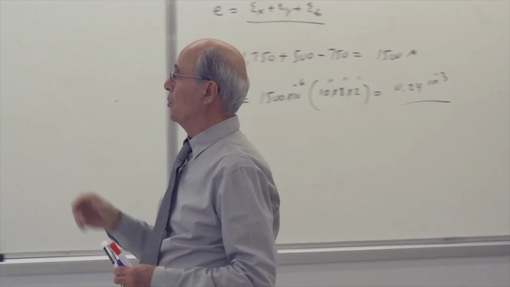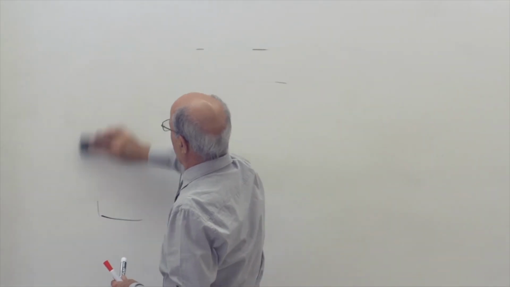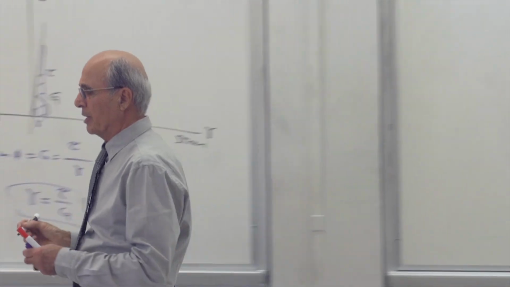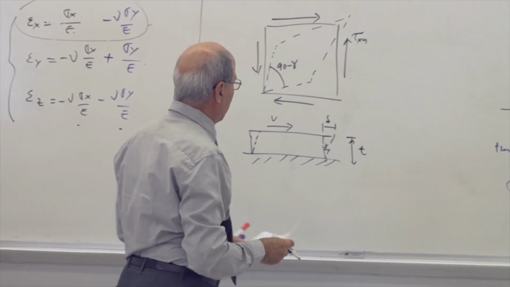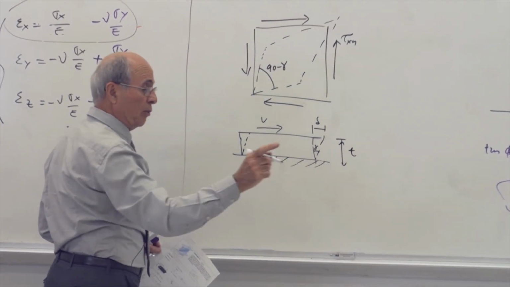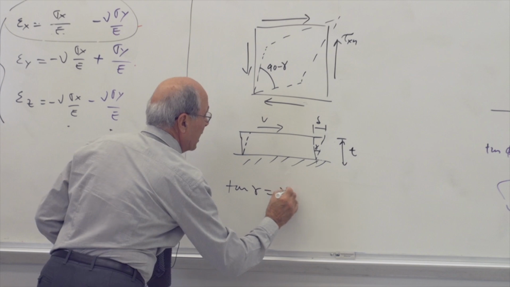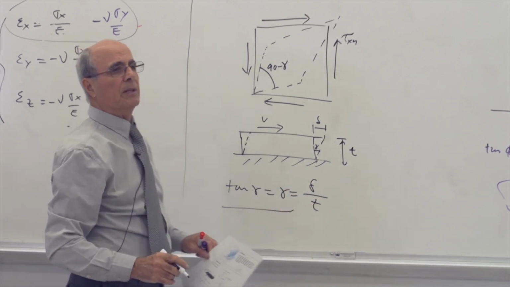That got excessive load. So now let's go to the example. In this example, I changed it a little bit because the data in the book is not correct. And by the way, here I have to use something which is very important. Here we say tangent gamma equal to delta over T. Why did I use that one?